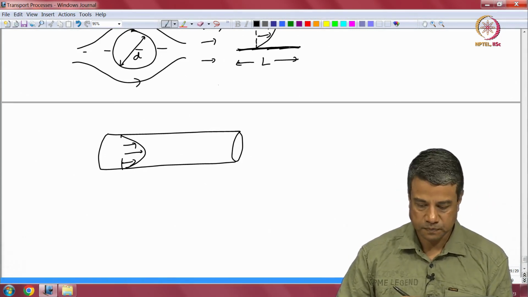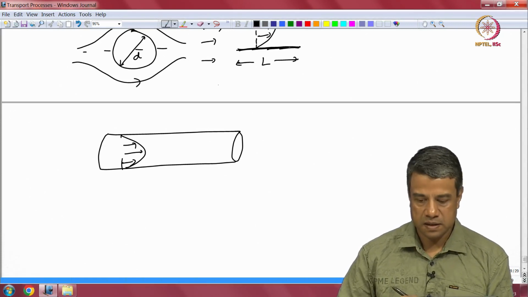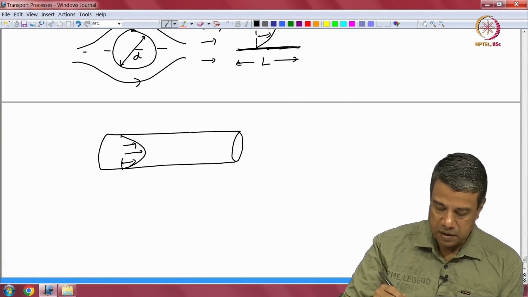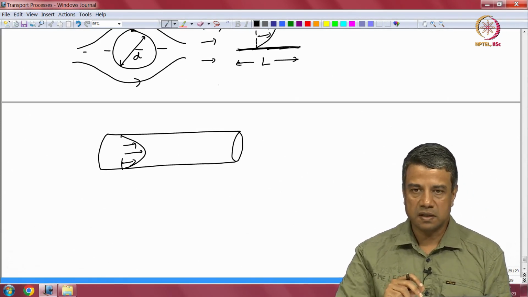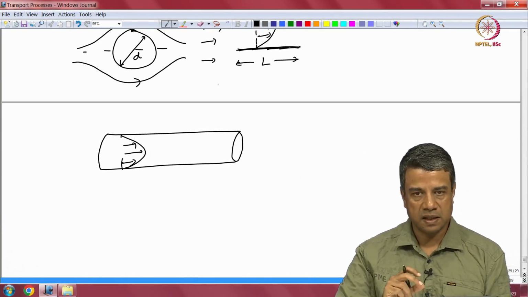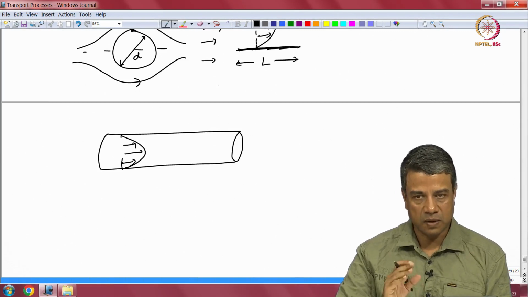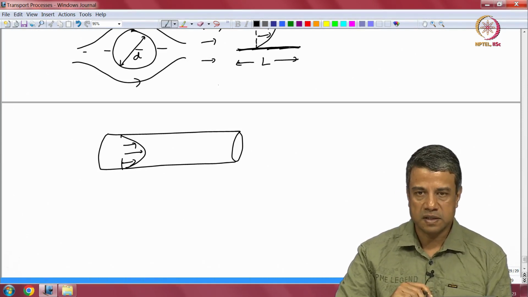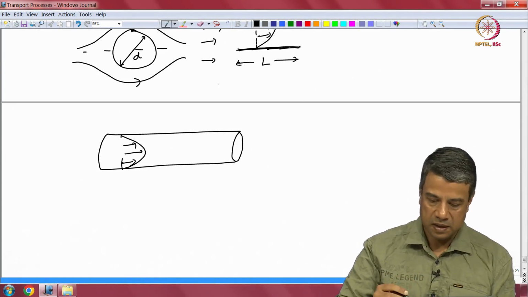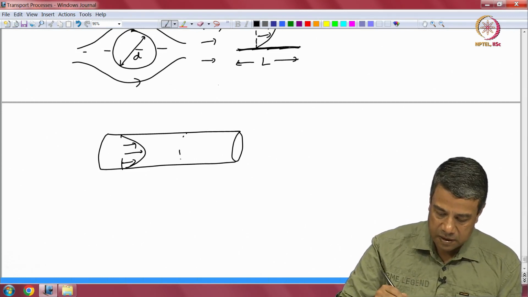Of course, if it is cylindrical, then there is only one length, that is the diameter. There is only one length corresponding to the cross section, which is the diameter. But in general, you could have cross sections that are not circular, and in that case, how do we define these?